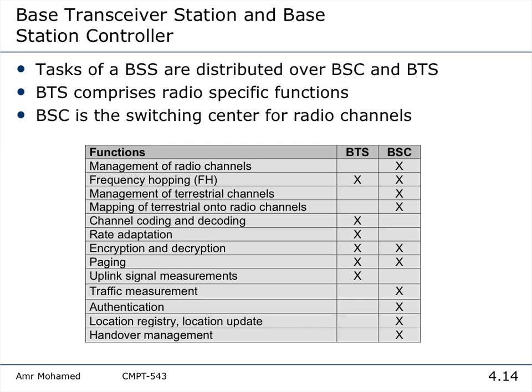So as a split of functionality, here we talk about the management of radio channels. The management of the radio channels usually is done by the BSC. Why? Because, as we said, we have multiple channels, and if we assign all these channels to all the cells, then we're going to have interference, of course, right?